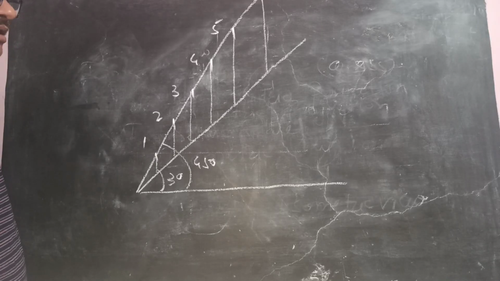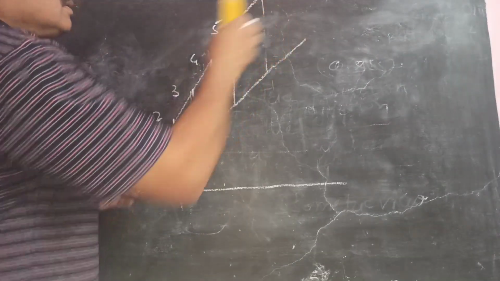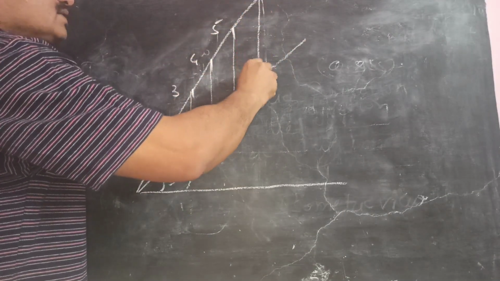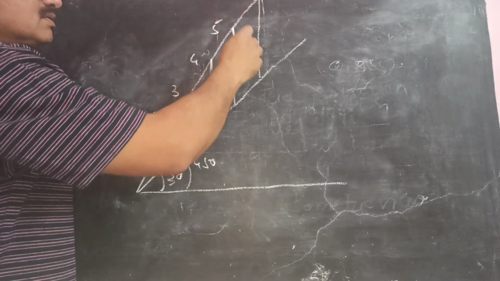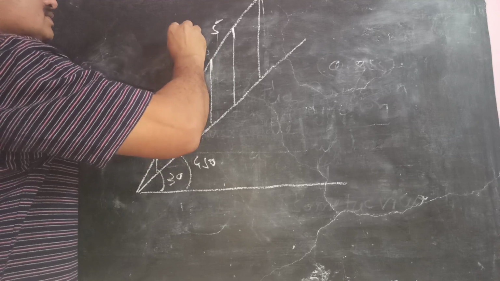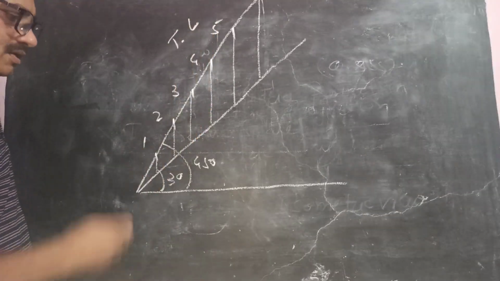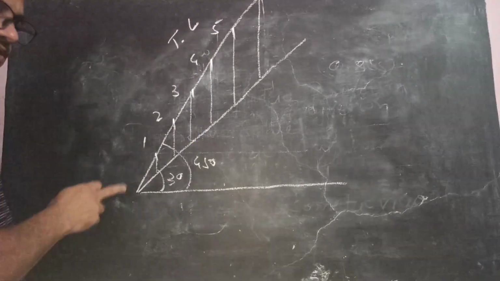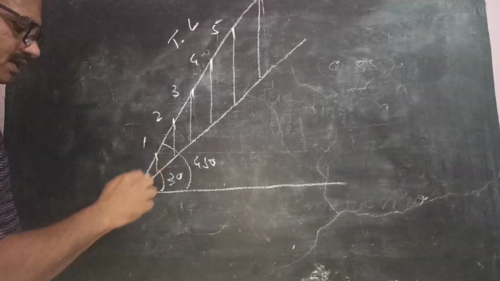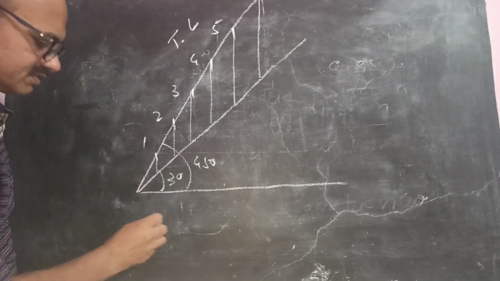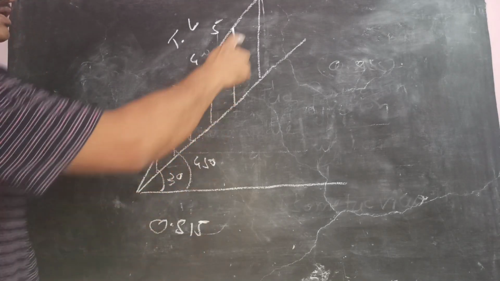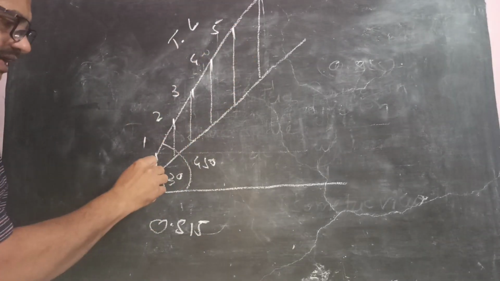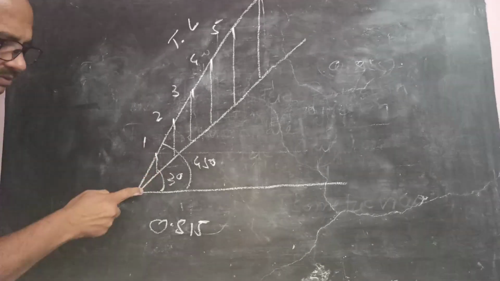Now you will find this is the true length. 1 centimeter is the true length. In isometric length, it becomes 0.815. So if this is 1 centimeter, this will be 0.815.